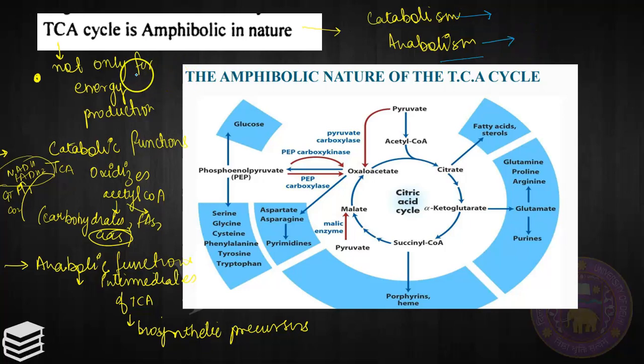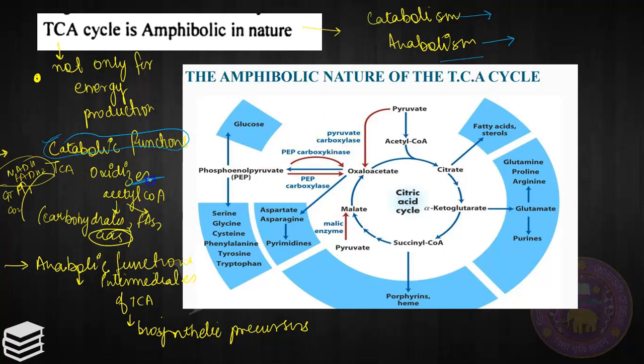TCA is not only for the production of energy but it also supplies building blocks for synthesizing important biomolecules. If we look at the catabolic function of the TCA cycle, we know that when glycolysis occurs aerobically, it converts into two molecules of pyruvate, then pyruvate is converted to acetyl-CoA.